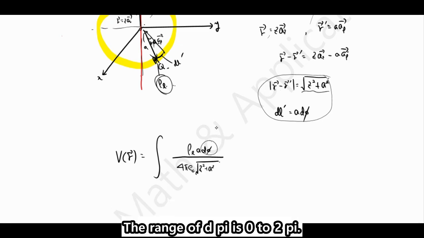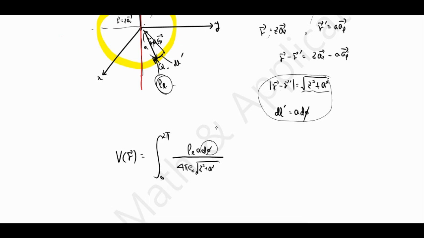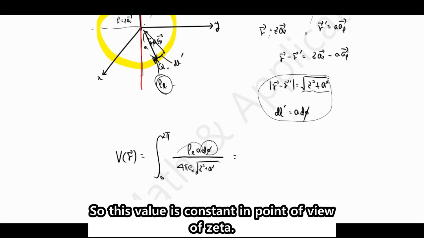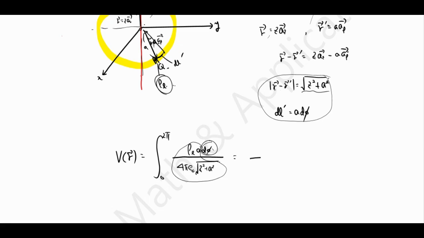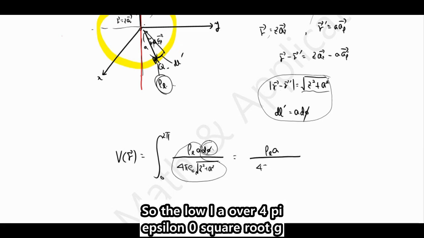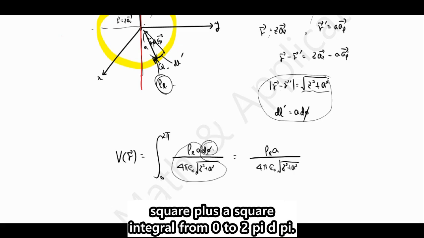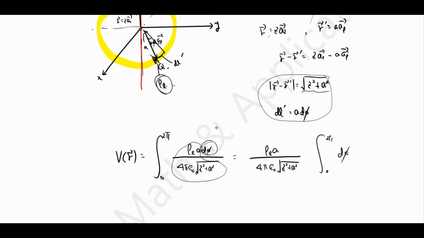The range of d phi is 0 to 2 pi. So this value is constant from the point of view of theta. So it's rho L a over 4 pi epsilon 0 square root z squared plus a squared, integral from 0 to 2 pi d phi.